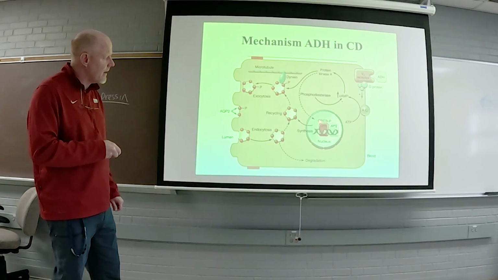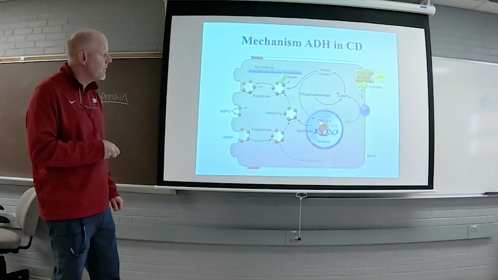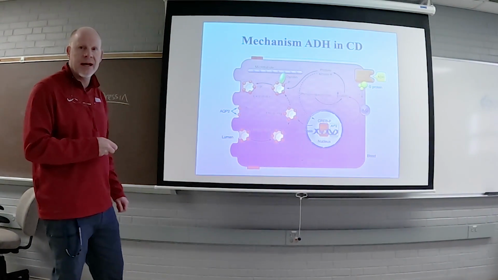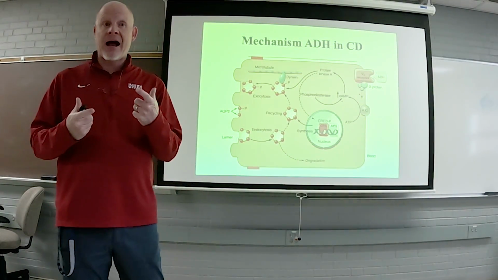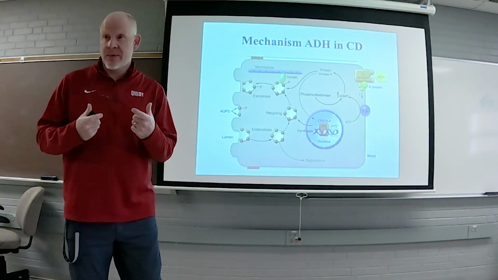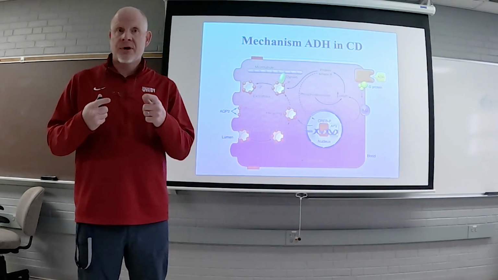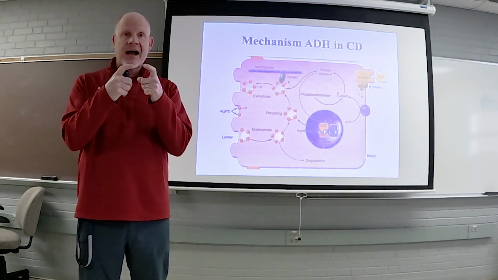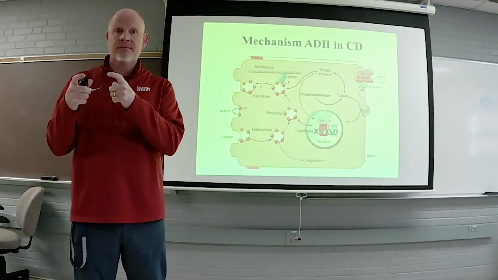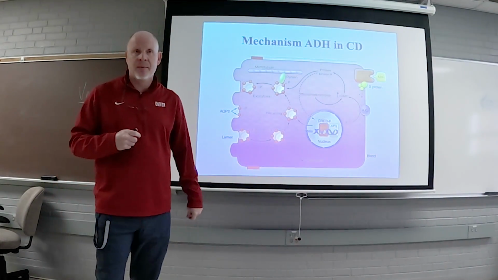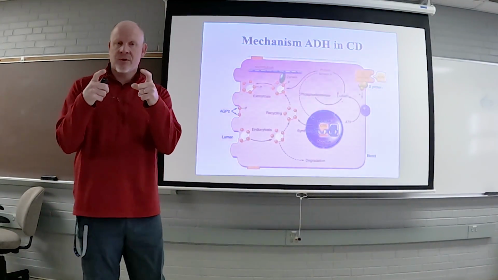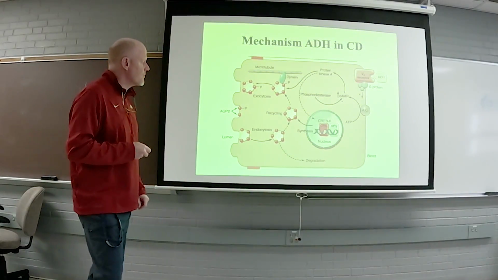C is cyclic AMP or cAMP. Receptor element. Any receptor element is a transcription factor. Okay? You guys remember what transcription is, right? A transcription factor turns on transcription. Okay? Or it can turn it off too. But in this instance, we're talking about an enhancer here. Right? So it's going to turn on transcription.